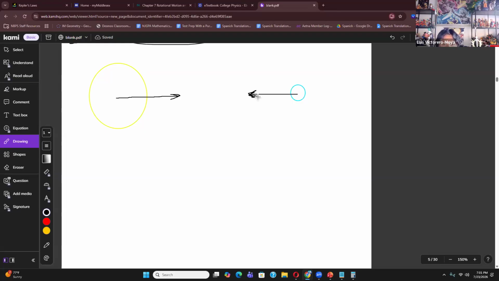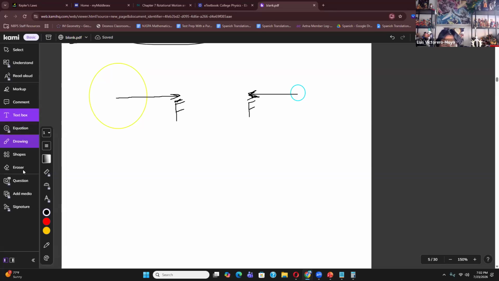So people wonder, right? Action, reaction. Same magnitude, different directions.